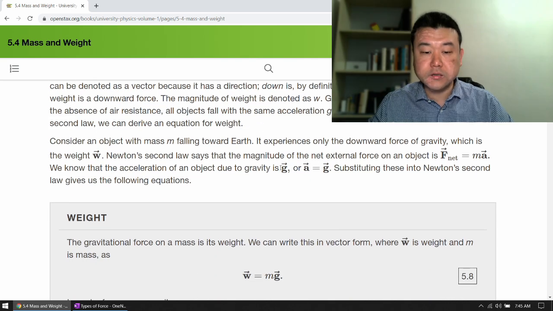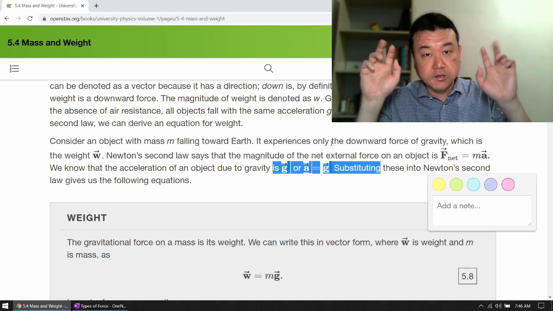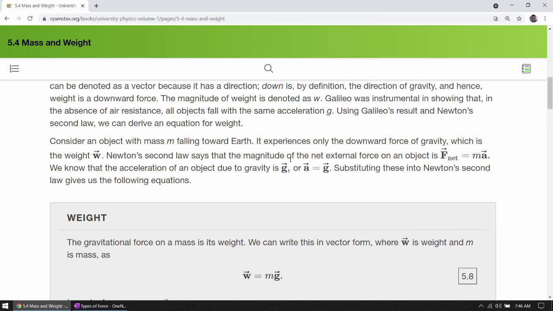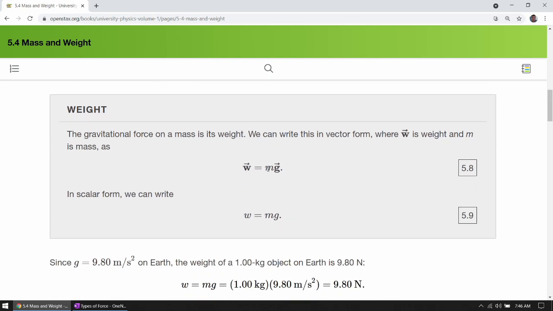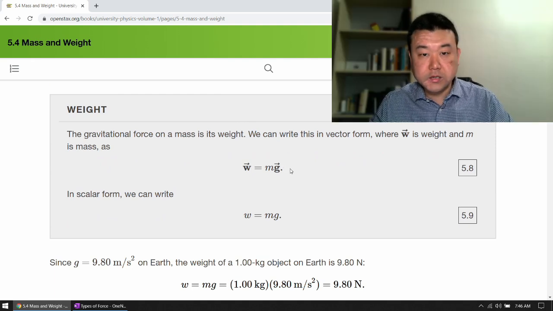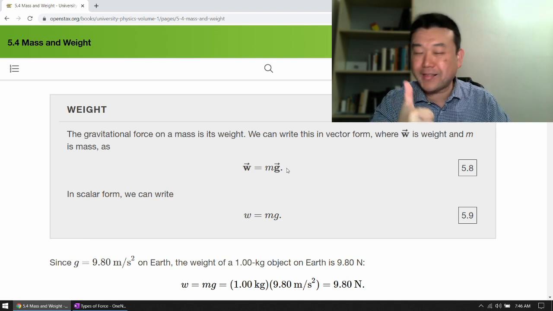We introduce this quantity called gravitational acceleration, or maybe less confusingly, strength of gravitational field. Given this quantity g, the gravitational force is given by mass times that gravitational field. This description is perfectly fine as long as you are near the surface of the Earth.